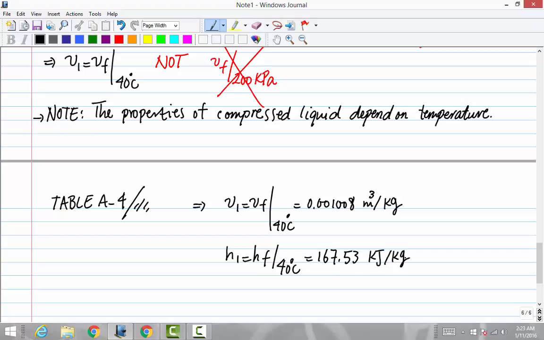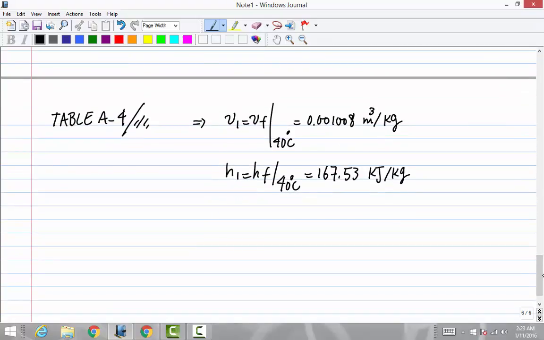It's per mass. Everything is per mass. So now we have the specific volume.